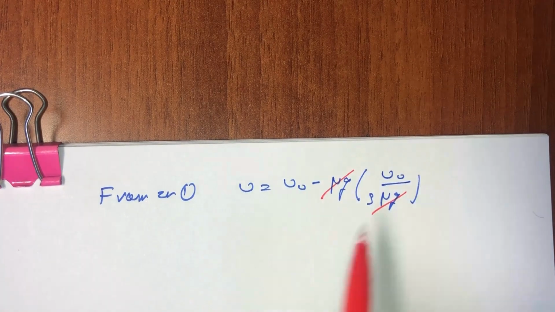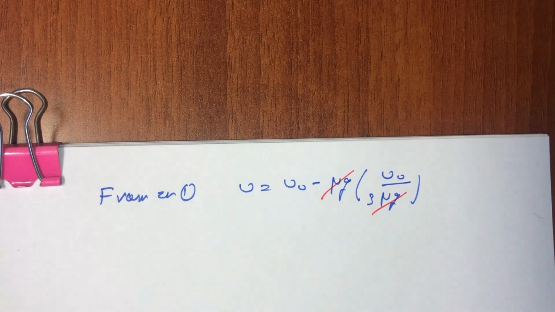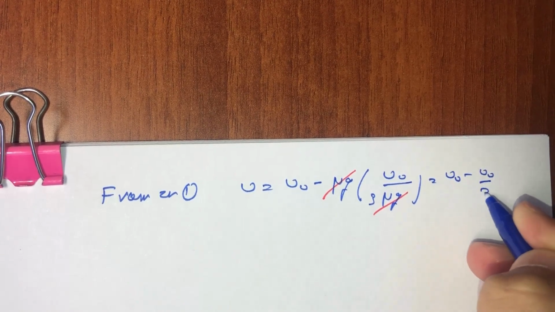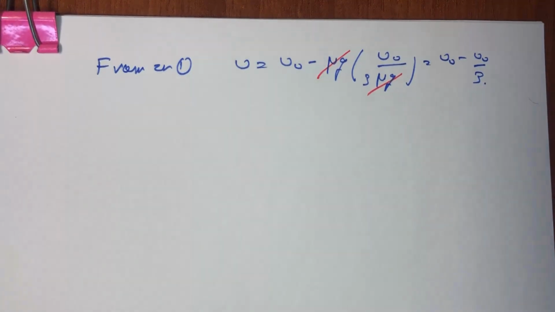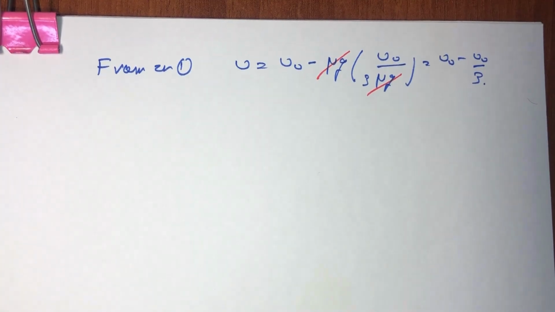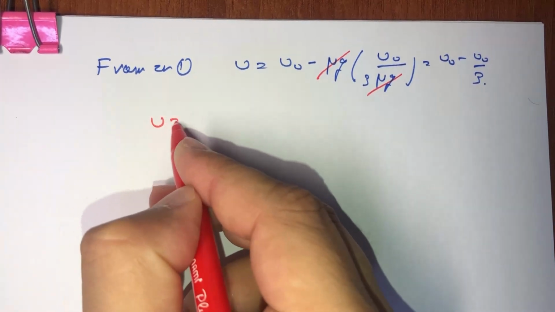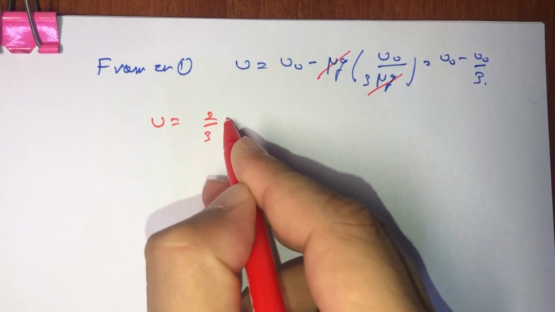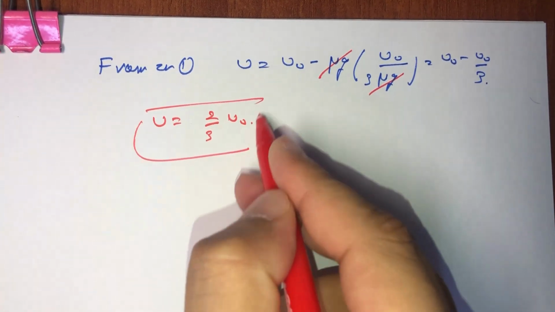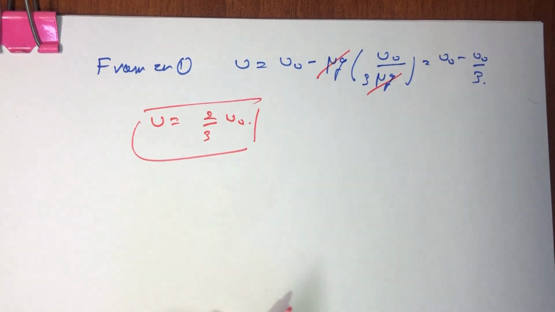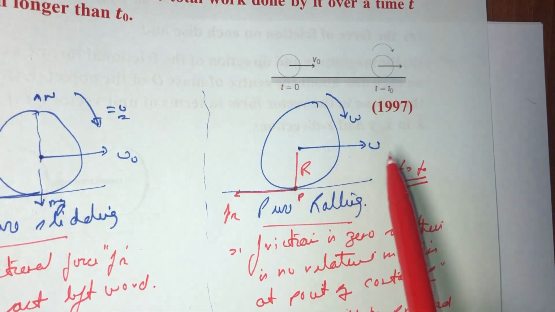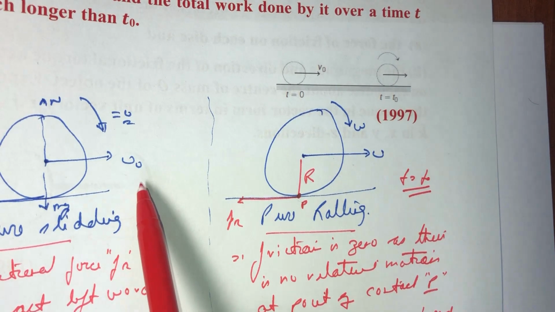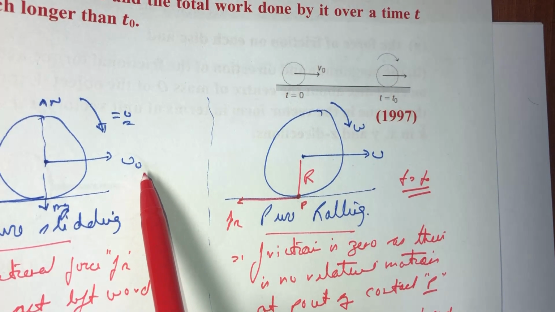Mu g and mu g cancel out, so we are left with v naught minus v naught by 3. So this gives us that v is equal to 2 by 3 v naught. So we found out that when the pure rolling motion starts, the velocity of the center of mass in terms of the initial velocity v naught.